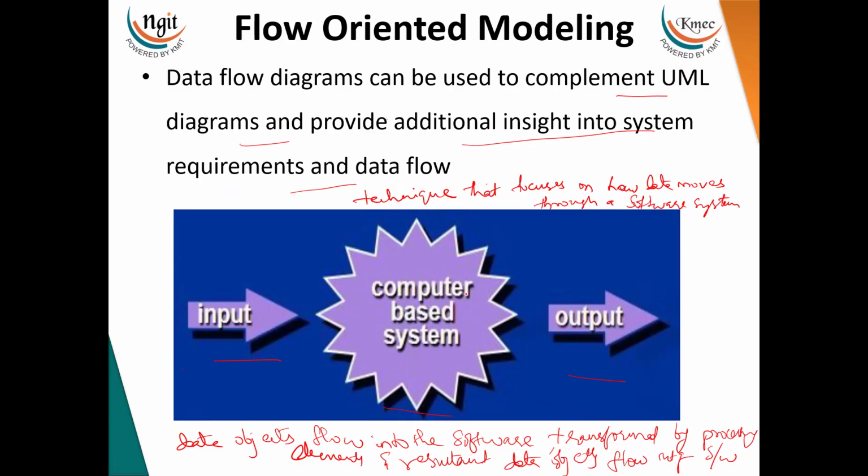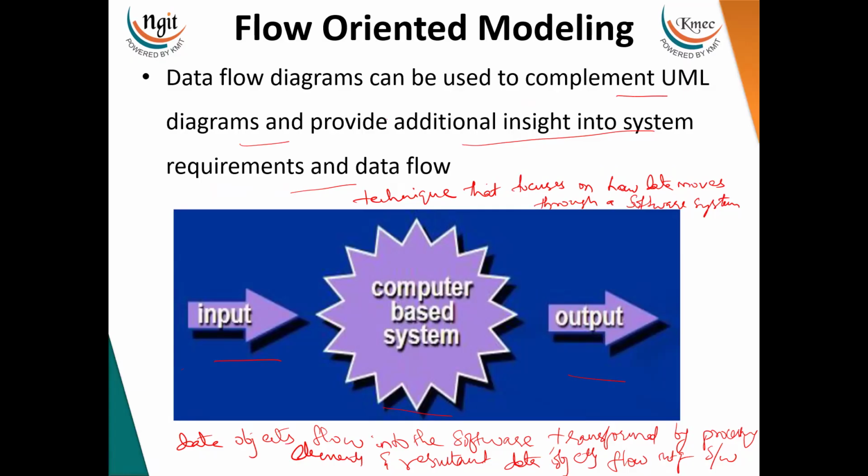Clear? This flow oriented modeling is one of the oldest, and not only the oldest, it's also one of the most widely used modeling approaches. This model is process centric and data focused, and especially useful for understanding the system functionality.